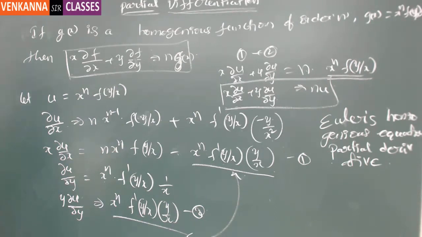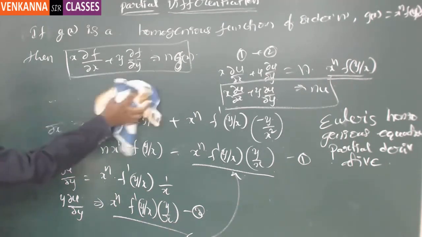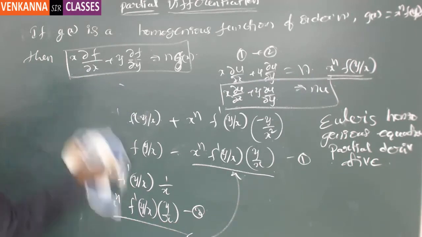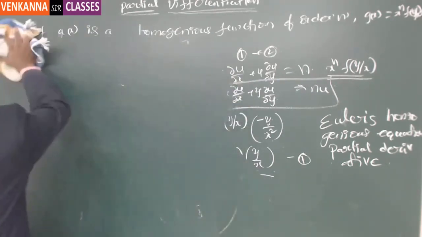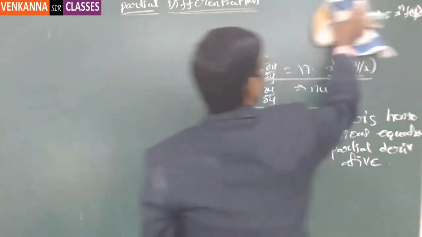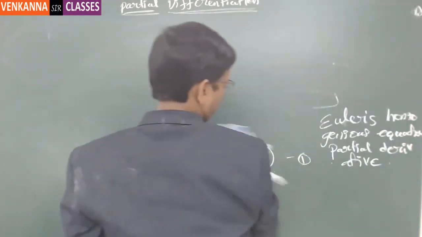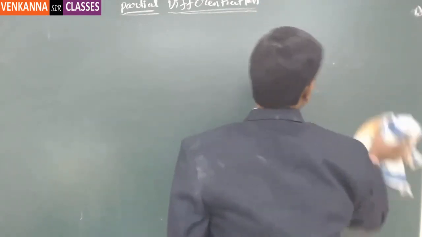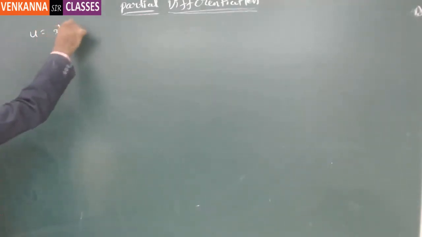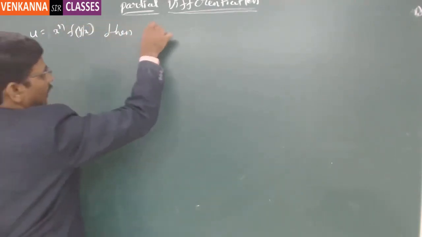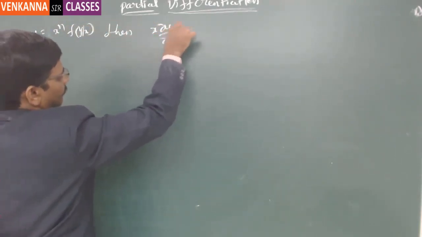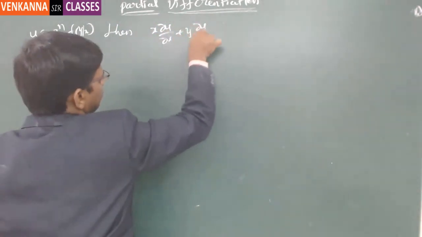Okay. So a little extension to this, if you take the second order derivatives. If u is equal to x^n into f of y/x, then x ∂u/∂x plus y ∂u/∂y is equal to n times u.